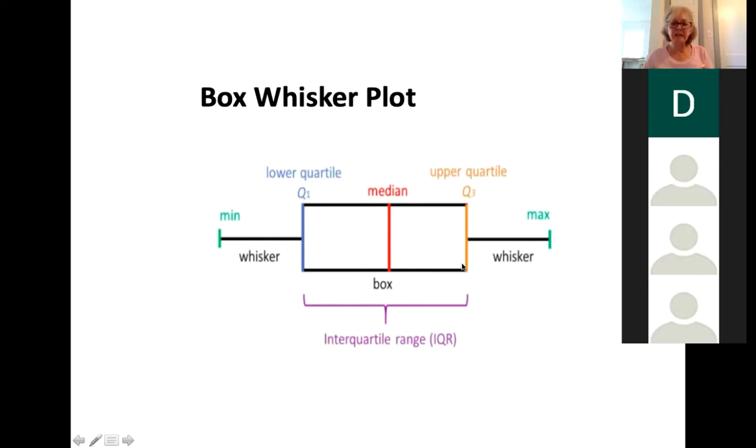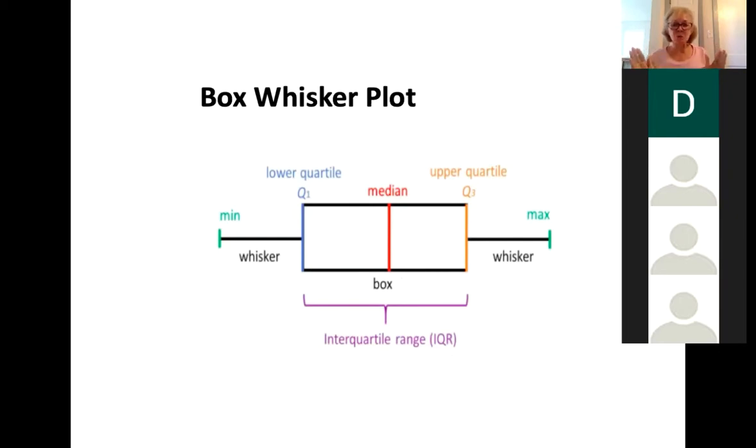If you say to yourself, I wonder how wide this box is. How wide the box is: Q3 minus Q1. The width of the box is the interquartile range. It's how wide the box is. If the box is narrow, there's not much variability around the median.